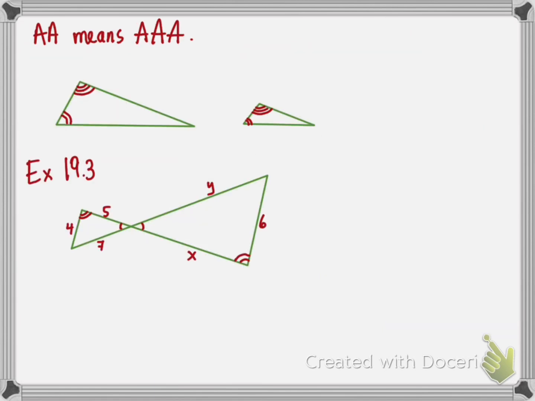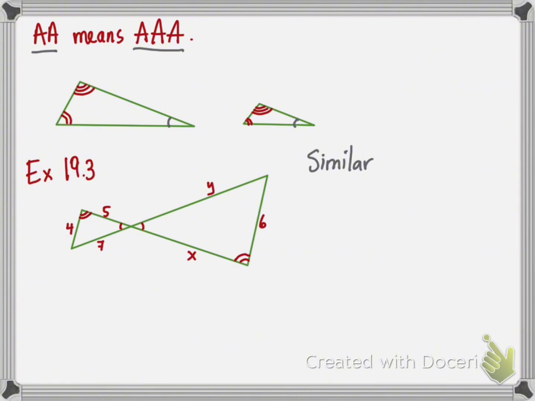The second section of this lesson is AA means AAA. We talked about that with similar triangles, we can find the sides by doing proportions, but only if we know that they are similar. And to know that, we need to know that at least two of the angles are the same. So let's look at this example 19.3.